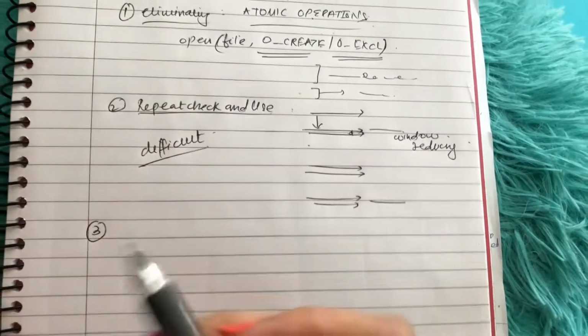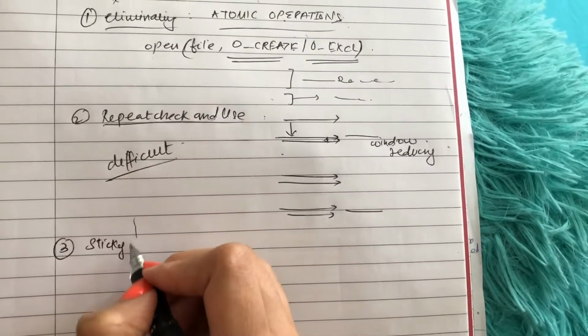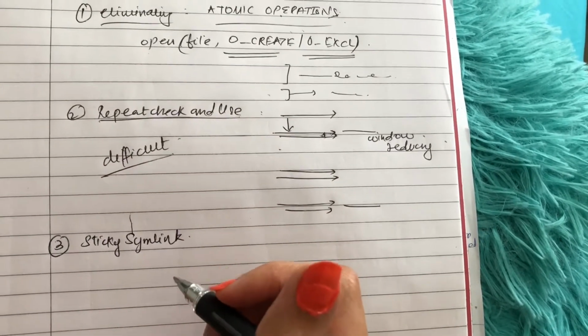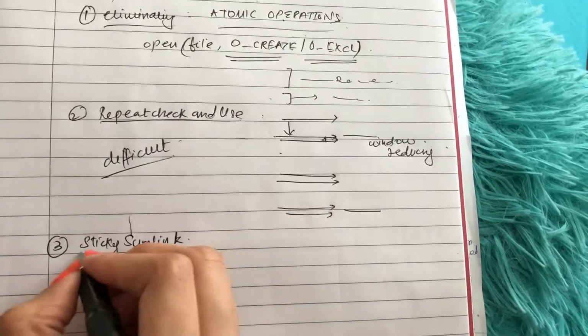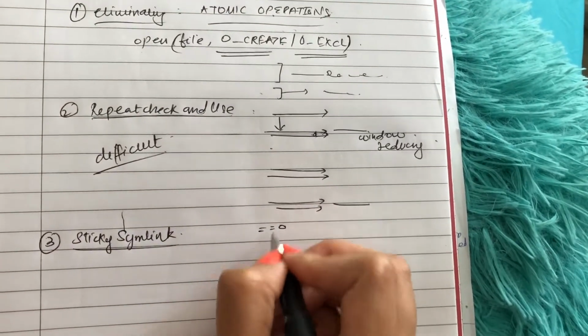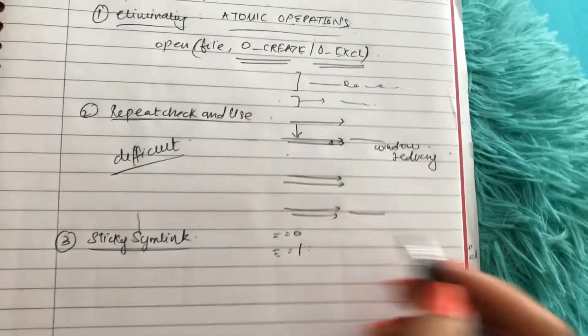Third is something I already discussed before. That is what Unix basically does. In sticky symlinks, you can actually turn on the sticky symlink protection or not. If you're attacking, then obviously you will disable it.